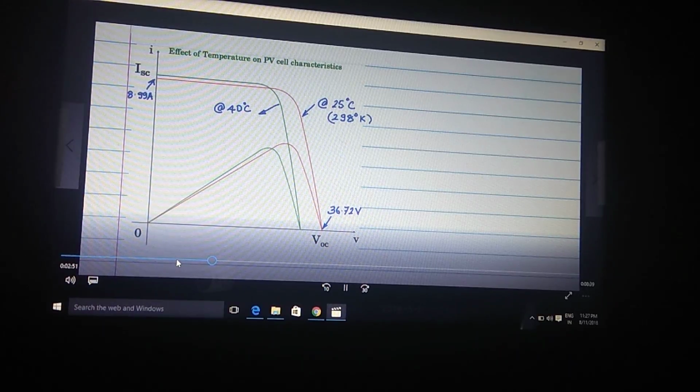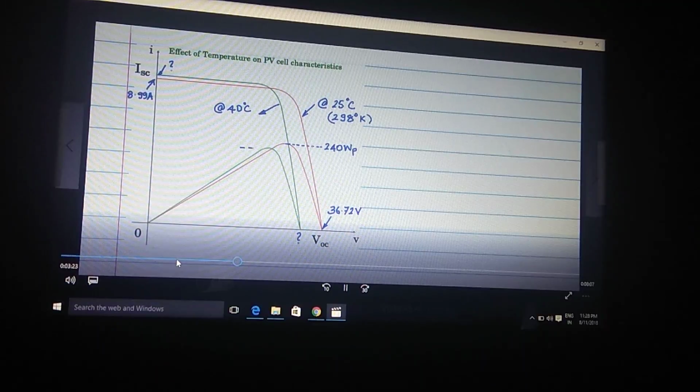Now we need to find what VOC is at the 40 degree curve and also ISC for the 40 degree curve. The peak power for the curve at standard temperature and insolation is given as 240 watts peak for this particular cell in the data sheet.